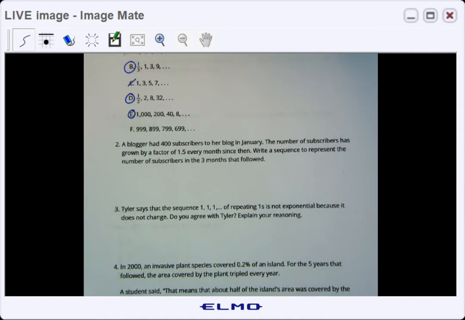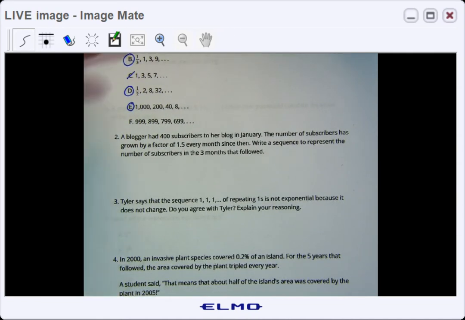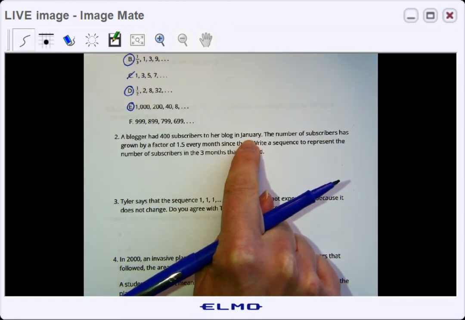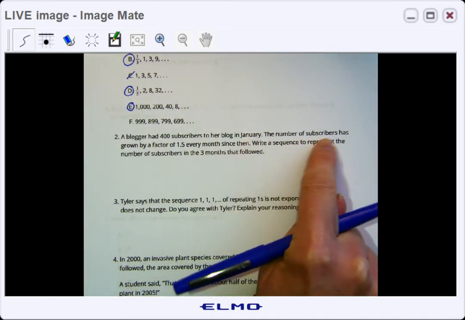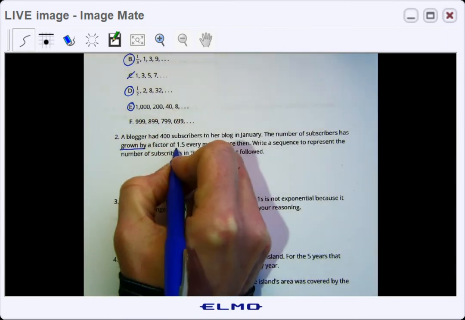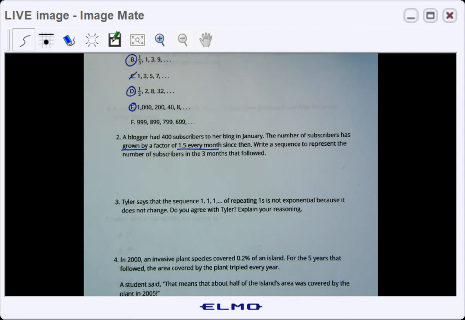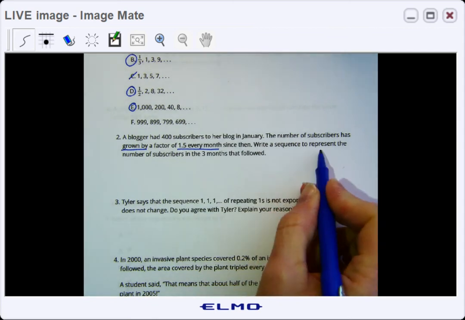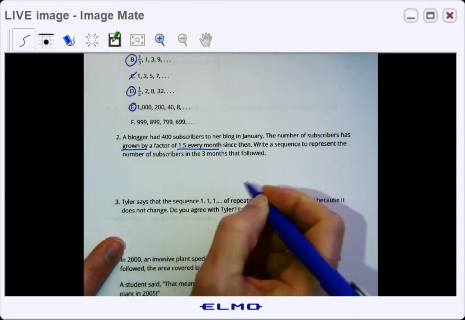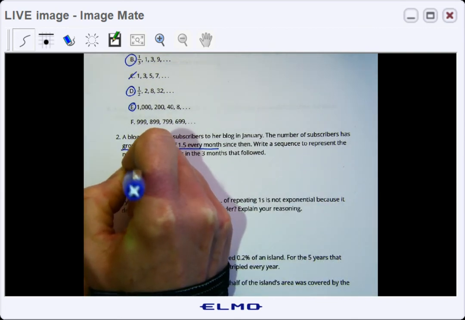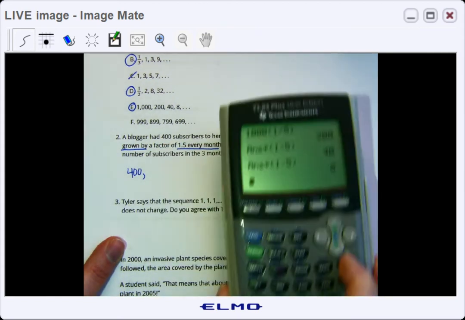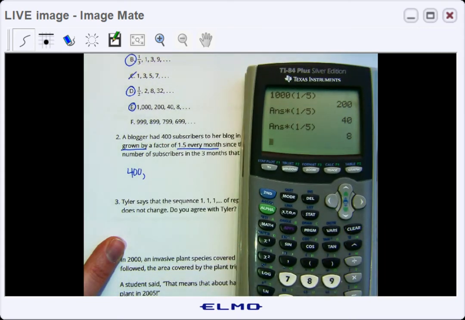On number 2, it says a blogger had 400 subscribers to her blog in January. So 400 in January. And then the number of subscribers has grown by a factor of 1.5 every month since then. Write a sequence to represent the number of subscribers in the 3 months that followed. So she starts with 400, and then it grows by 1.5 each month.